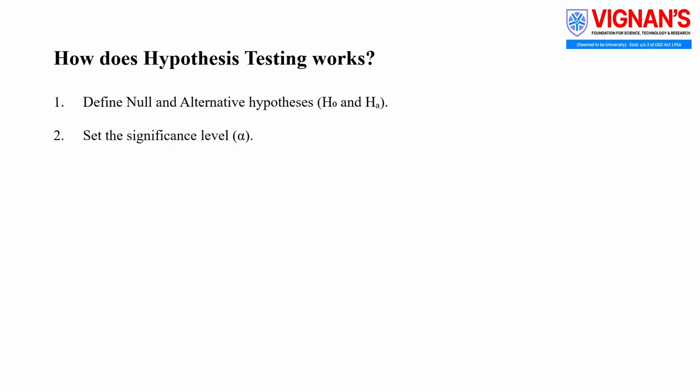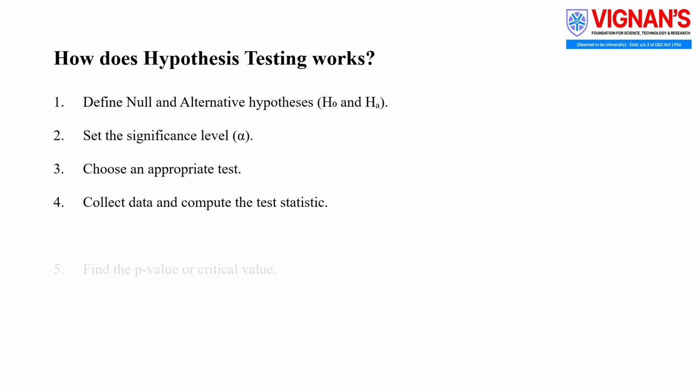This is usually 0.05, and it tells us how much risk of error we are willing to accept. Step 3. Choose an appropriate statistical test based on the type of data and the problem. Step 4. Collect the sample data and compute the test statistic. The test statistic measures how far the sample result is from what we would expect under the null hypothesis.